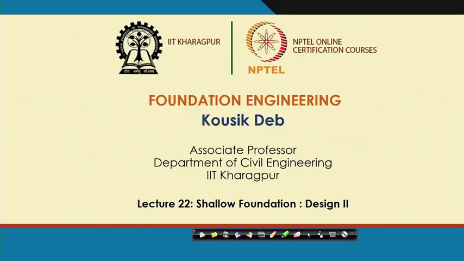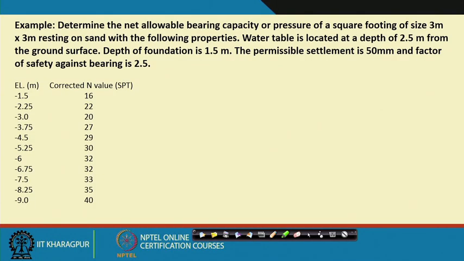So, last class I discussed how to design an isolated footing on sand, based on the N values for different depths that were given. This is the problem that was given: determine the net allowable bearing pressure of a square footing of size 3 meter by 3 meter resting on sand with the following properties.